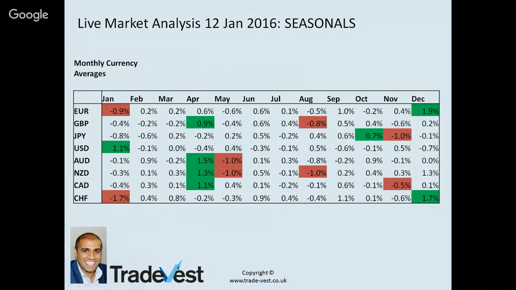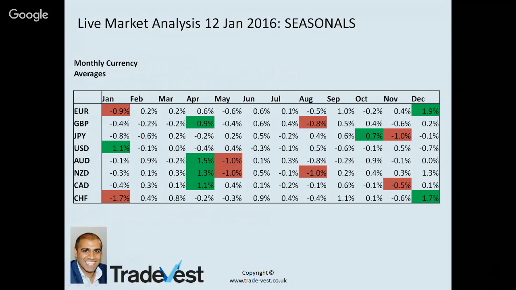In terms of the US dollar, well, this is generally the best month for the US dollar of the year. And we have seen that across the board, not necessarily against the Swiss franc and the yen, which has been more of a flight to safety in terms of people buying Swiss franc and Japanese yen, considering what's happening in China.